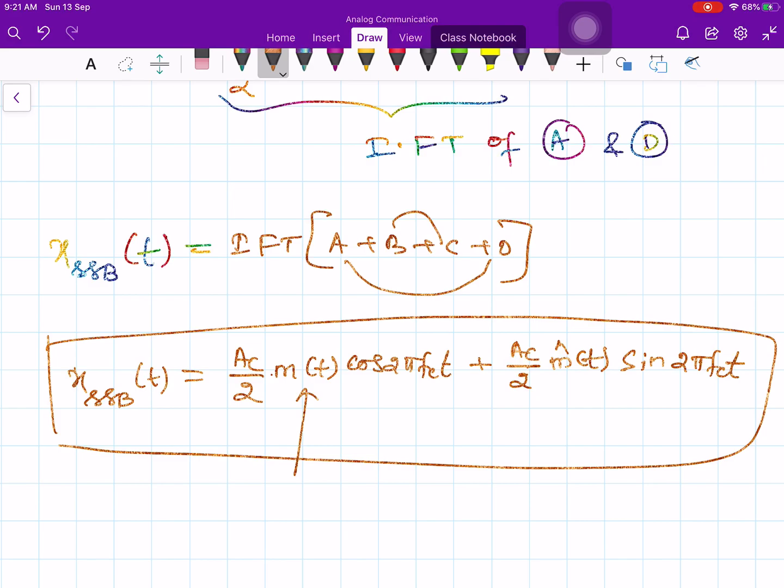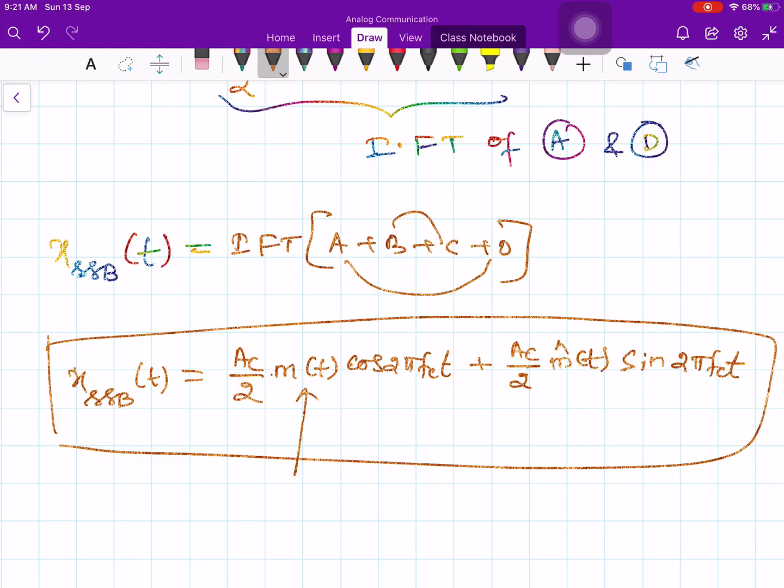It is fairly straightforward, but we should be very careful. It involves a lot of properties from your Fourier transform and Hilbert transform, nothing else. If you know these two properties, then you can easily work on it.